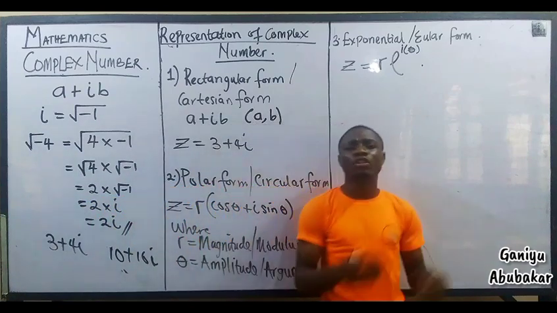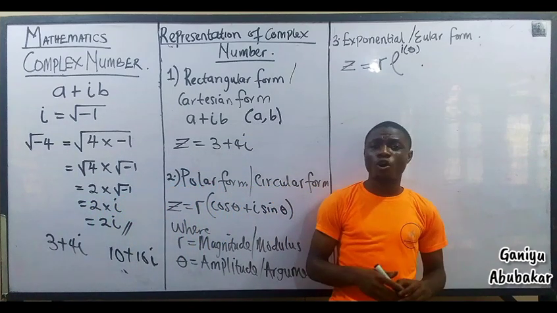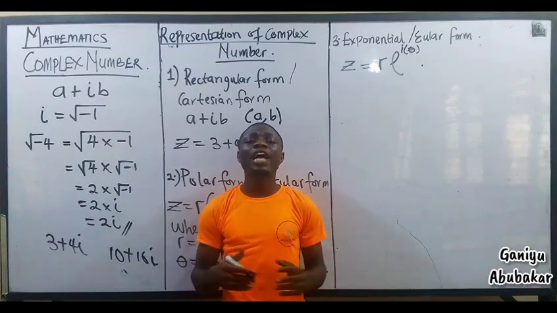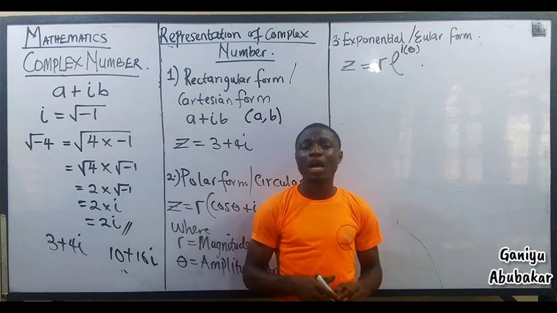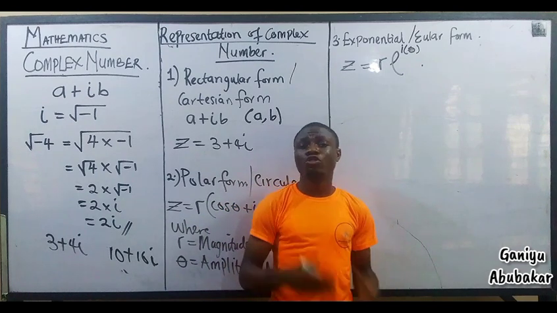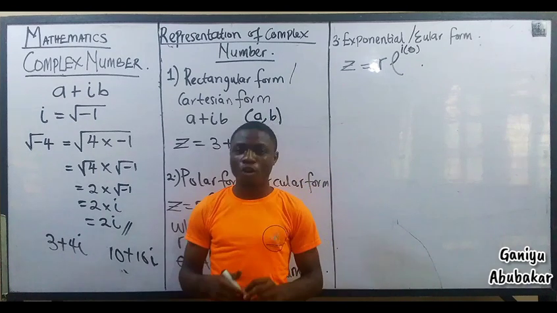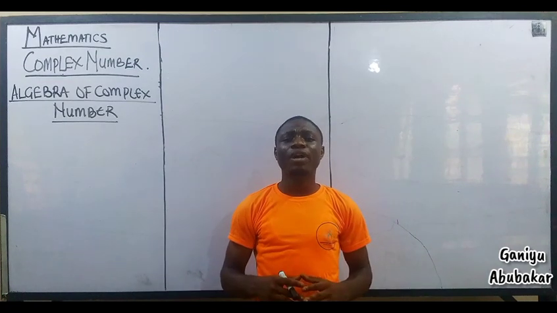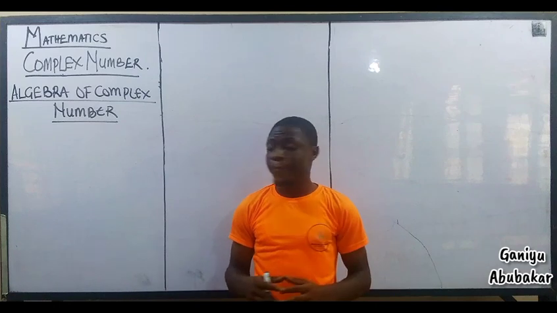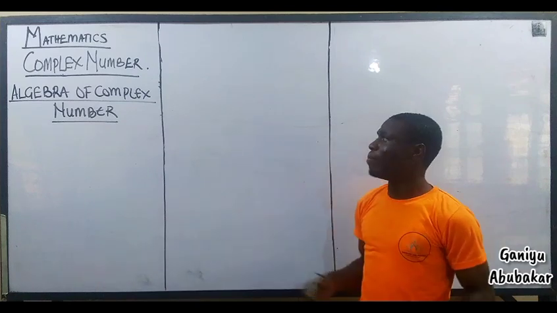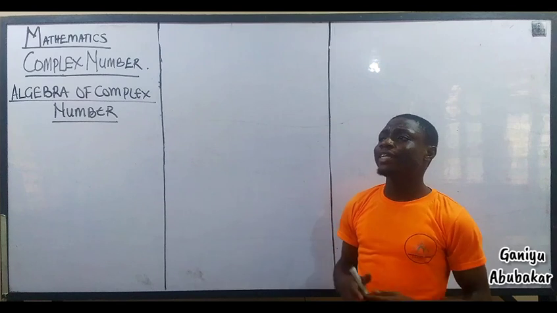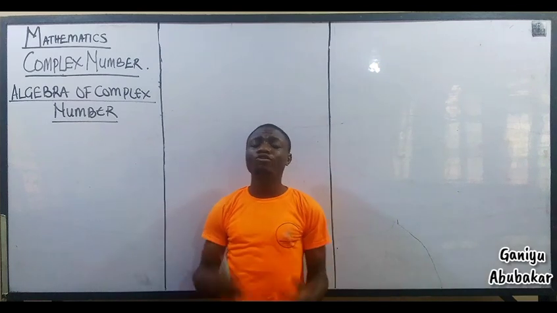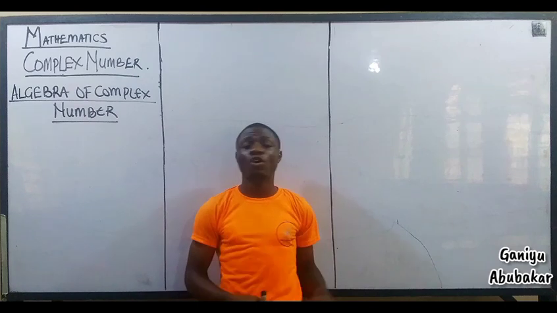Alright, let's move to the next concept, known as the algebra of complex numbers. By algebra of complex numbers, we mean how to add, subtract, multiply, and even divide complex numbers.